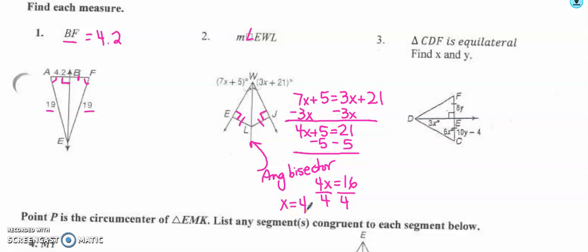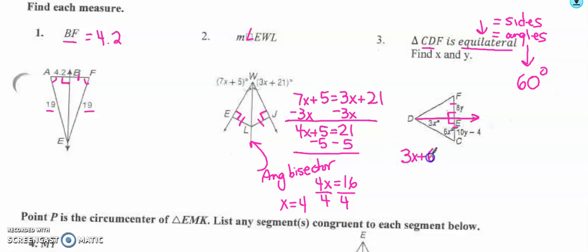The next one over here says CDF is equilateral. Remember, that means equal sides. It also means equal angles. And because they're equal angles, remember that all angles are 60 degrees. So when I look in here again, I see that this line comes in perpendicular. I see these markings, which means it's a perpendicular bisector. So this is a 90 degree right here. To find x, we would add 3x plus 6x.